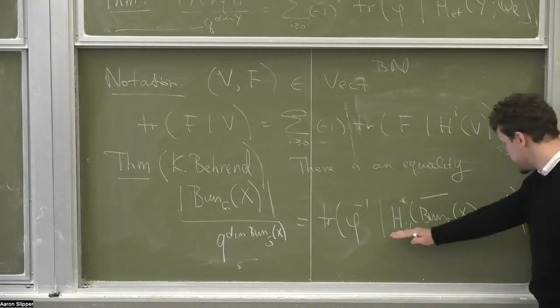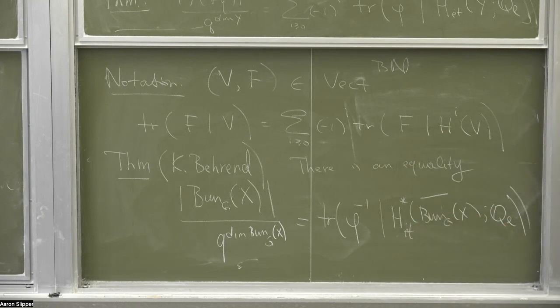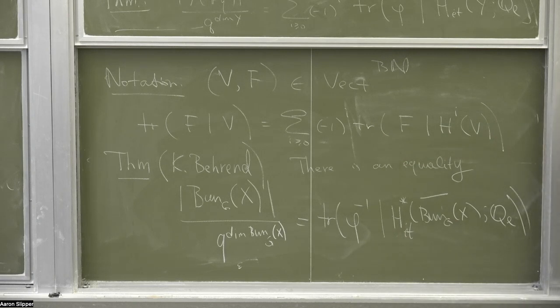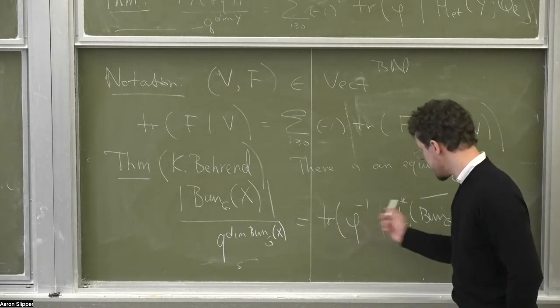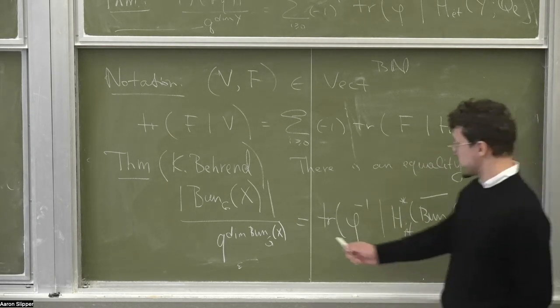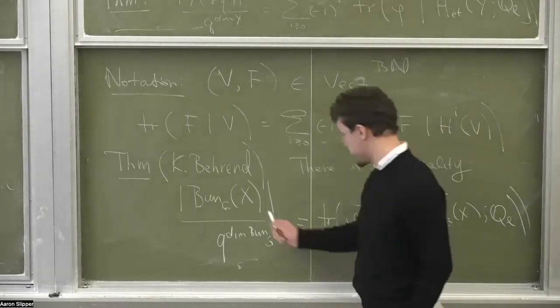This is a complex of graded vector spaces. It's not necessarily finite in any sense, but part of the claim is that this trace is well defined, and there is an equality. The Grothendieck-Lefschetz formula holds for BunG on a smooth and proper curve over F_q.